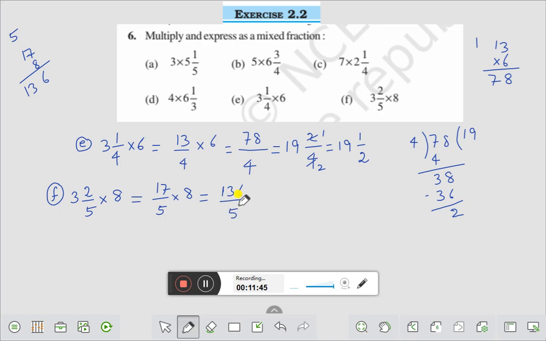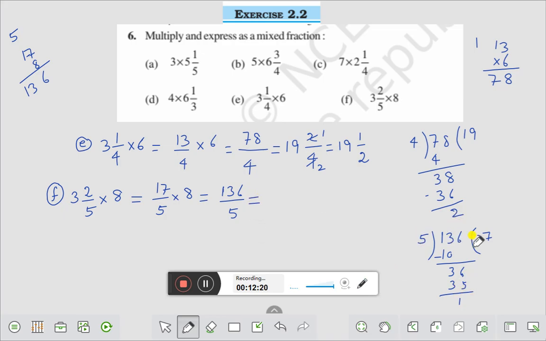136 by 5. If we divide 136 by 5, we will get 5 2 is 10, 10 minus 3, it is 6, 5 7 is 35, 36 minus 35 is 1.